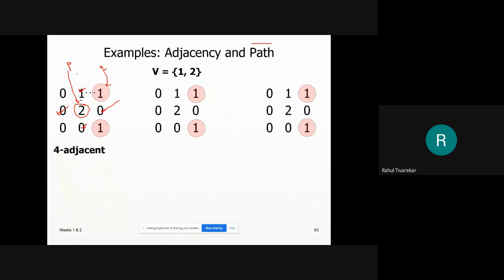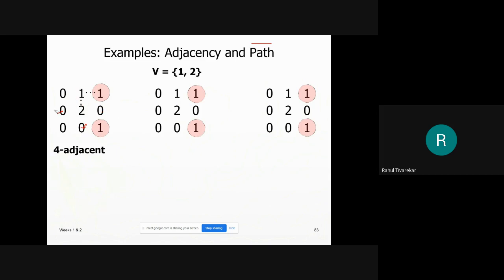No. So Q is diagonal neighbor of P. In this case, you can see that Q is not a fourth neighbor of P. It is a diagonal neighbor, because diagonal means you see either in this direction or in this direction, plus 45-degree line or minus 45-degree line, right? So here Q is not fourth neighbor of P, and hence P and Q are not four adjacent. This is my conclusion.